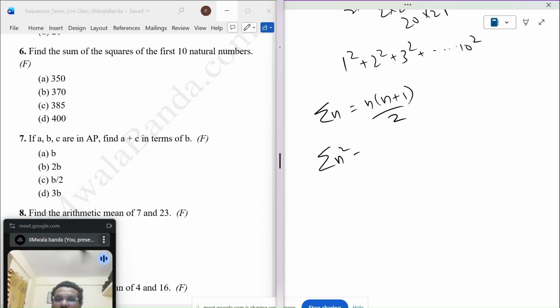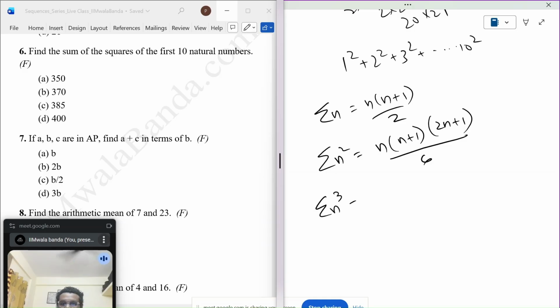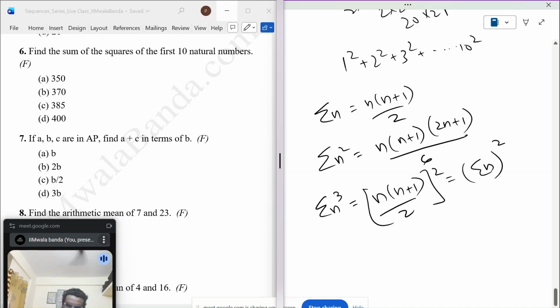The sum of the squares of the first n natural numbers is n into n plus 1 into 2n plus 1 upon 6. And similarly for n cube, it is n into n plus 1 upon 2 whole square. Basically, the sum of the first n natural numbers whole square.